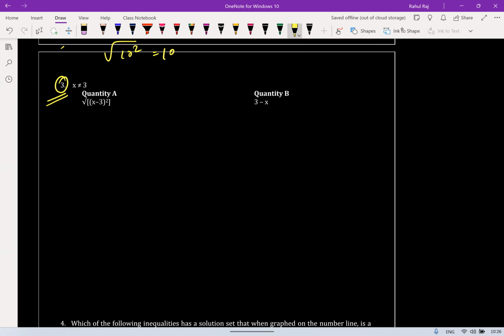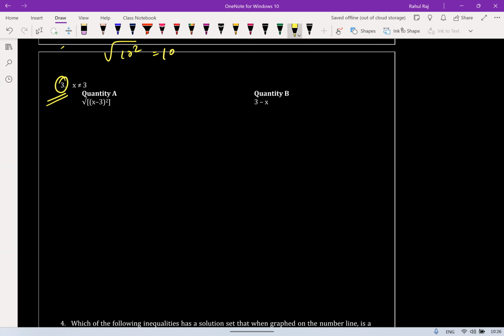So mod of 1 is 1. Okay, fine. And if you take it on this side, you're getting -1. So quantity A is greater than, no?